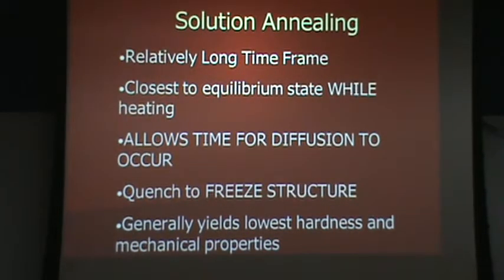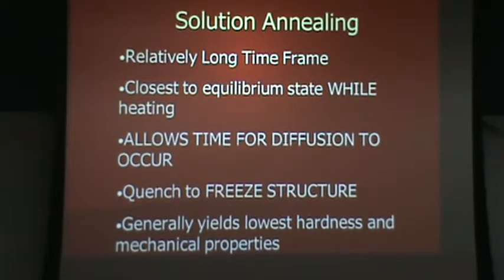Okay. Remember I said that annealing is one of those things that has a lot of different subtext to it. And this is one of those. This one is actually one that occurs above the AC1 or the AC3. Solution annealing is done with alloys which tend to form precipitates.